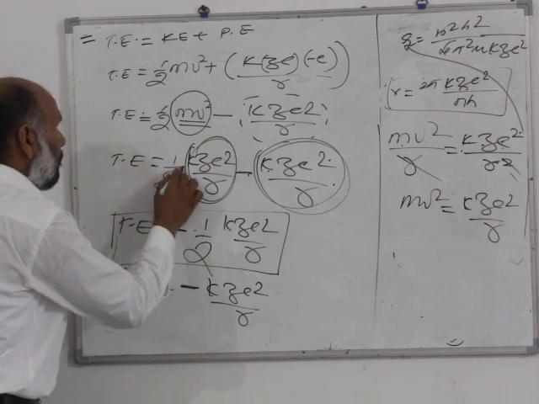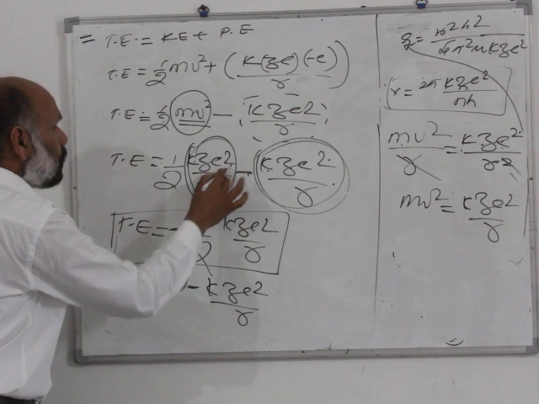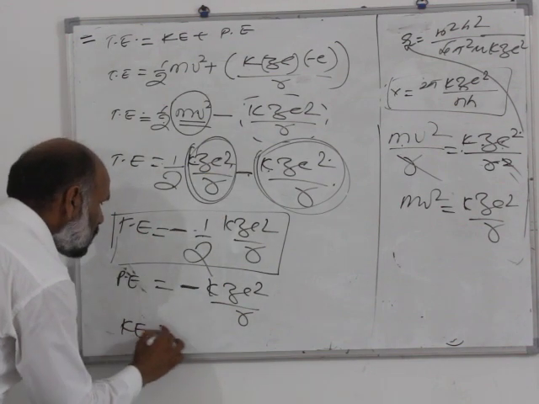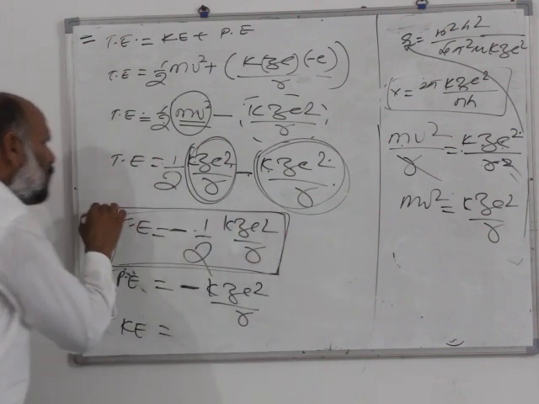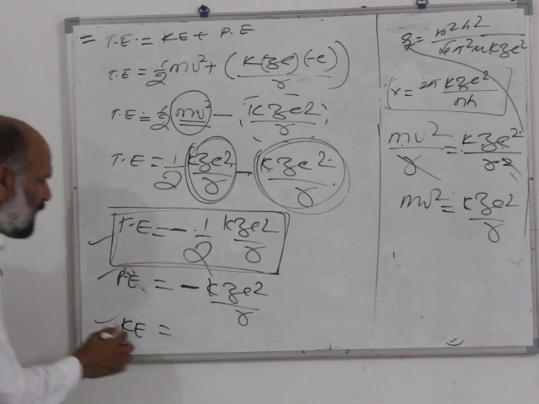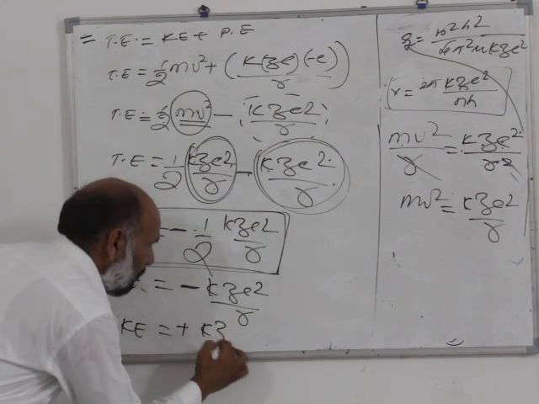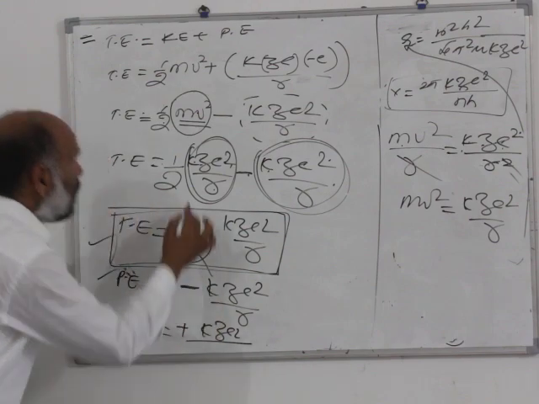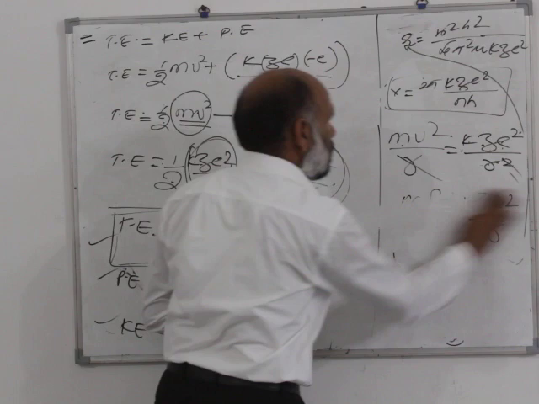Now kinetic energy is half mv square, which is plus k z square by 2r. These are three expressions extensively used in all competitive examinations: the relation between total energy, potential energy, and kinetic energy, that is k z square by r and k z square by 2r.